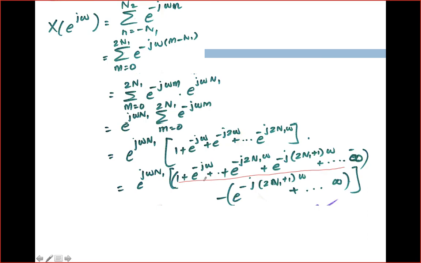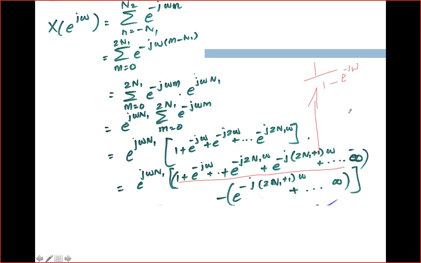The series starts from 1 and goes up to infinity. Hence I can reduce this equation like 1 divided by 1 minus e power minus j omega.